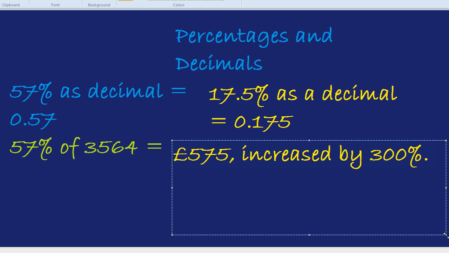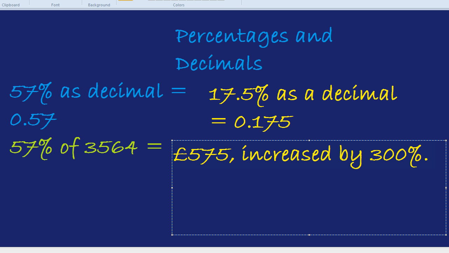Well, it can happen because 100% is like what you started with. So 200% will be two 100%s, or in other words, double what you started with. 300% is three 100%s, or 3 times what you started with.